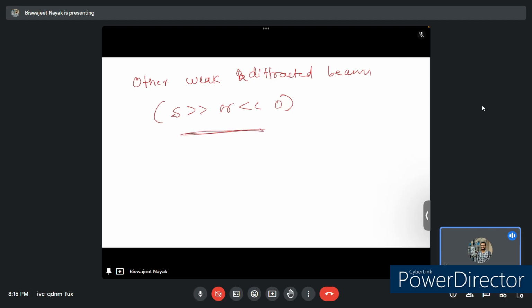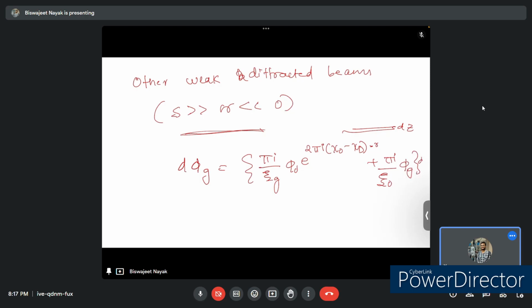So if amplitude phi G changes by a small increment as the beam passes through a thin slice of material, let's say dz, the change in phi G will be written as d phi g equals pi i by psi g phi 0 e to the power 2 pi i (chi 0 minus chi d) dot r plus pi i by psi 0 phi g dz, and d phi 0 is given as pi i by psi 0 phi 0 plus pi i by psi g phi g e to the power 2 pi i (chi d minus chi 0) dot r.